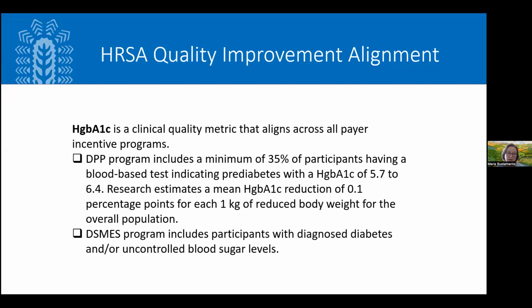The A1C measure is a clinical quality metric that aligns across all the different incentive programs, the different payer incentive programs. So the DPP program includes a minimum of 35% of participants having blood-based tests indicated pre-diabetes, right? So you're working on reducing that A1C level in DPP programs.